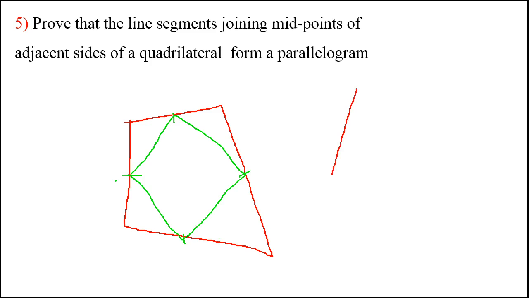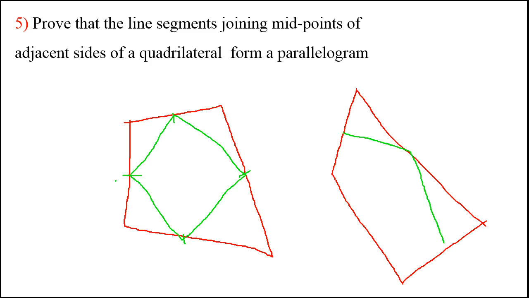You can start with any type of quadrilateral, and if we join the midpoints of its sides, we always get a parallelogram. You can verify this by drawing a quadrilateral yourself, joining the midpoints of its sides and checking whether it is a parallelogram or not.